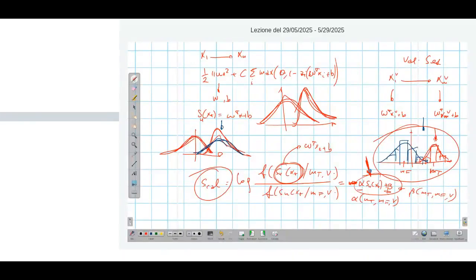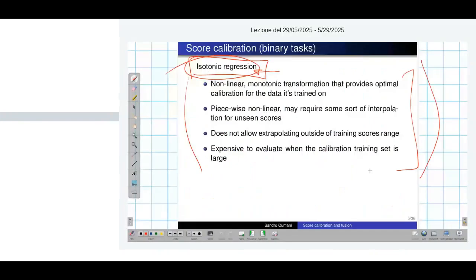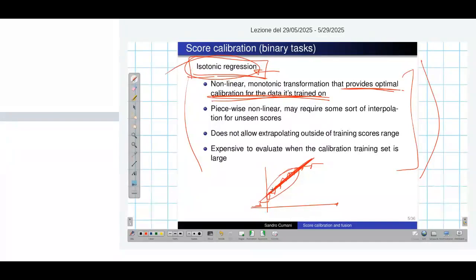Remember, when I mentioned the isotonic regression, which we didn't discuss, we can show that it is an optimal calibration transformation for the data it is trained on. So if I look at the calibration transformation of the isotonic regression on the training set, it will be optimal. If I look at it, I will see that there are long regions in space where this can be well approximated by a linear function. This I just tell you so.